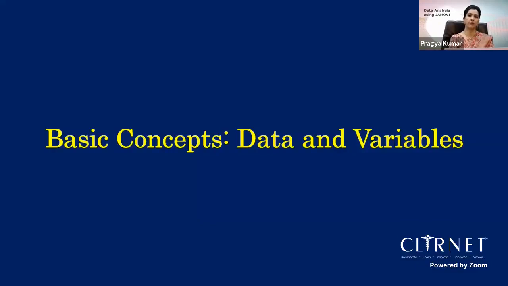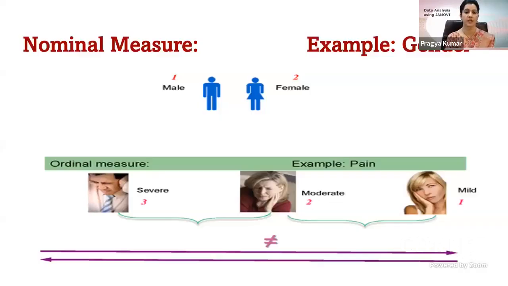Now, before we go to Jamovi, I just want to talk for a few minutes about data and variables. Data, as you all know, but just to refresh the concept, there are 4 levels of measurement: nominal, ordinal, interval, and ratio. In nominal, when you change the order, the order does not matter.